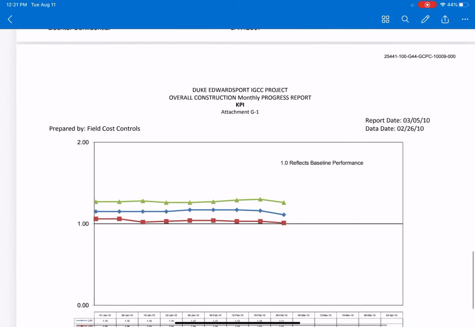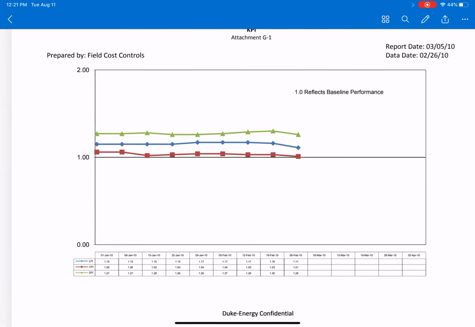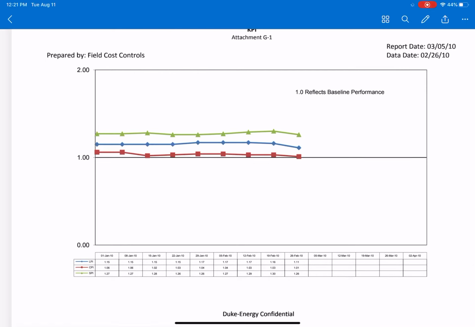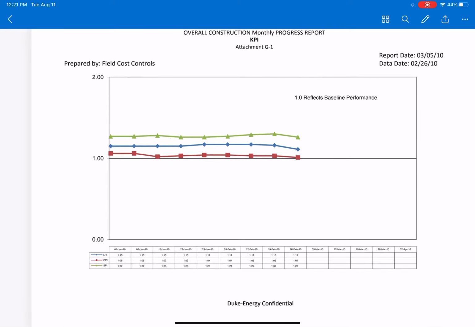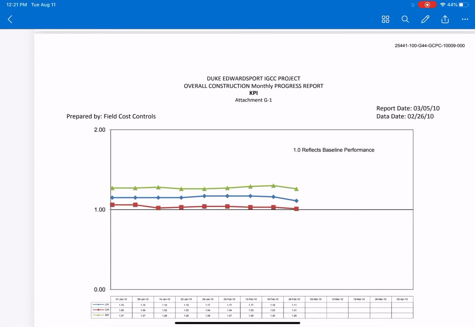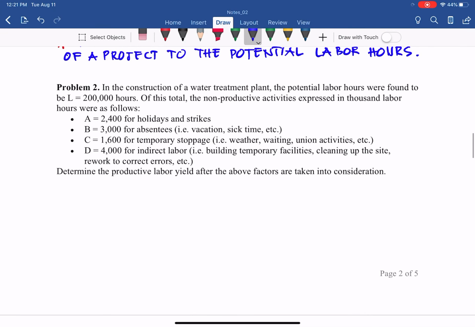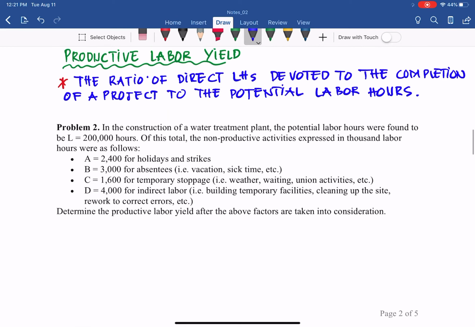Because labor is very important, we talk about the labor productivity index, and they have to measure over time, for example LPI, cost performance index, schedule performance index, etc., to reflect what we perform over time for the project. This is the Duke Energy project, the Edwardsport IGCC project, a one of a kind power plant project.